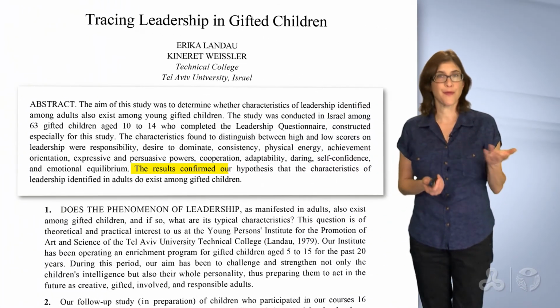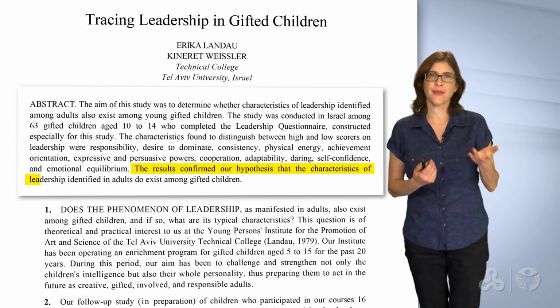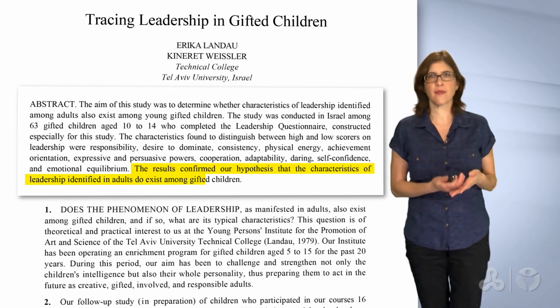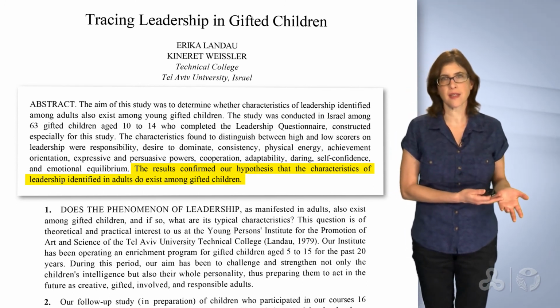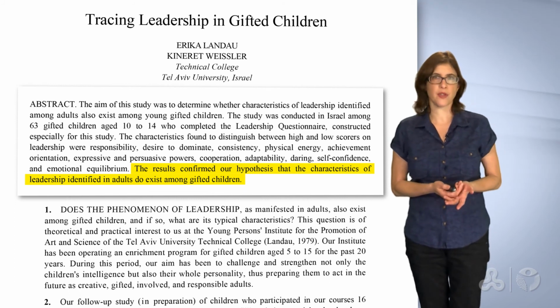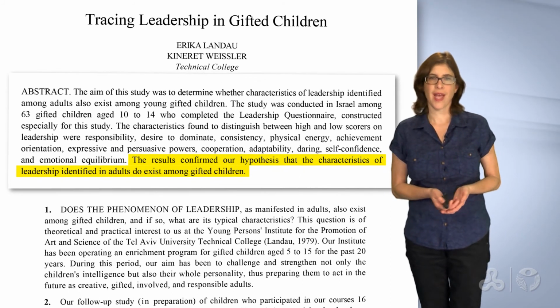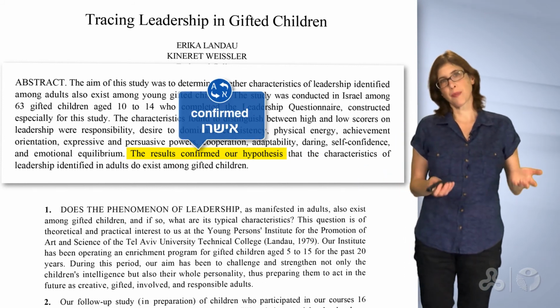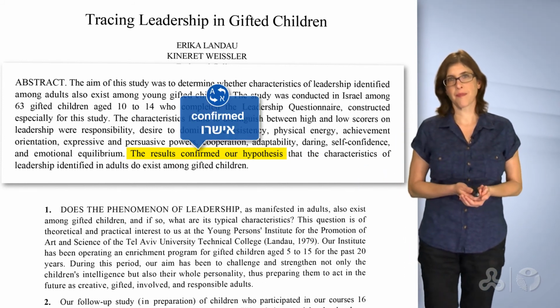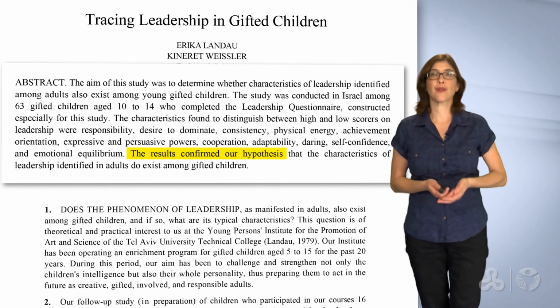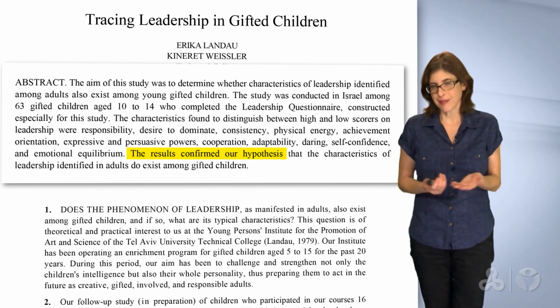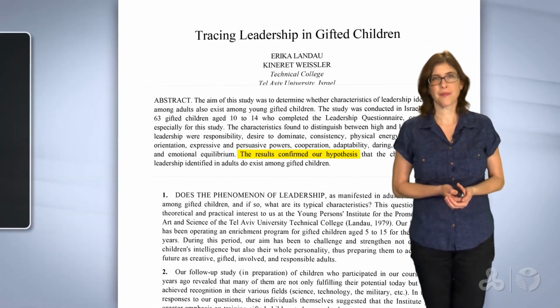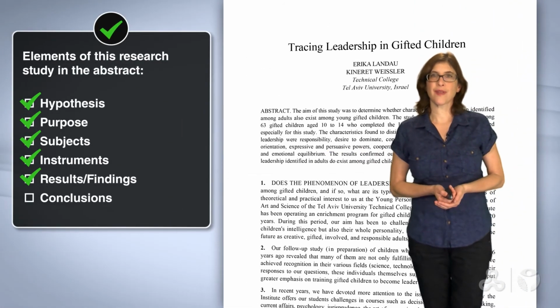The results confirmed our hypothesis that characteristics of leadership identified in adults do exist among gifted children. The results confirmed the hypothesis. This is our conclusion, and we already know what the research hypothesis is. We talked about it earlier. So we found the conclusions.